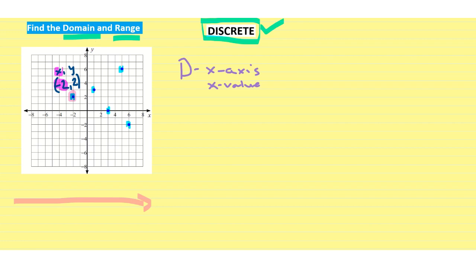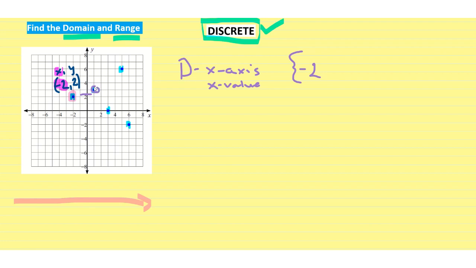That's what we're going to list as our first domain value, our first X point represented by the point. Let's make that bracket a little bit better. That looks better. Okay, so -2 is my first X value represented by the first point on the left side. Again, we're going left to right, so the next point would be this point right here.